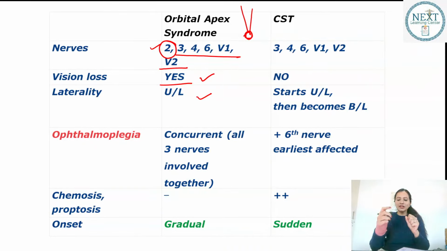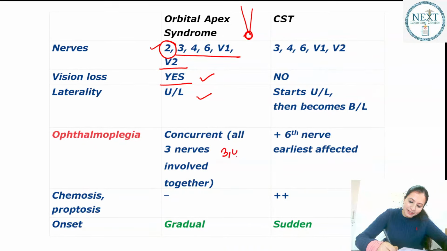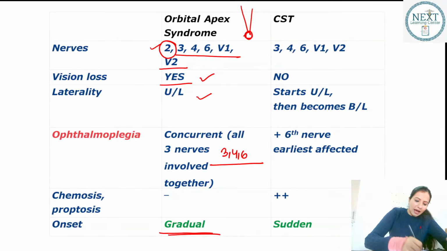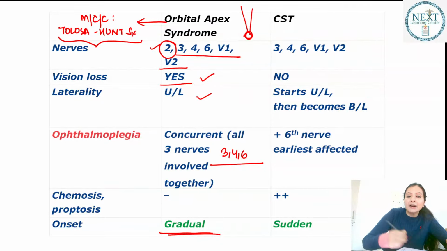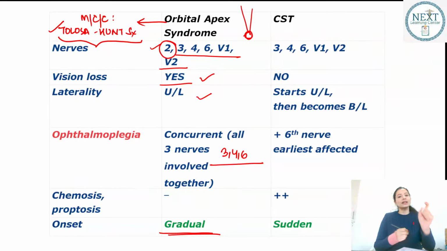That means all the 3 cranial nerves, 3, 4 and 6, they are involved together. Chemosis and proptosis won't be there. Onset is gradual, and the most common cause of this is your Tolosa-Hunt syndrome. Now what is Tolosa-Hunt syndrome? It is nothing but the chronic granulomatous inflammation, right? So this chronic inflammation will lead to orbital apex syndrome.